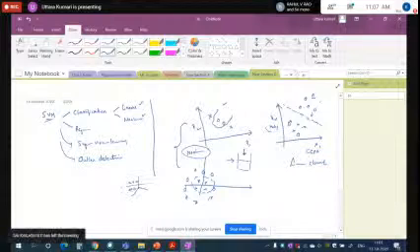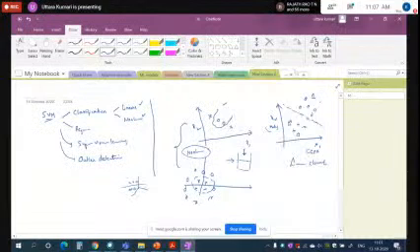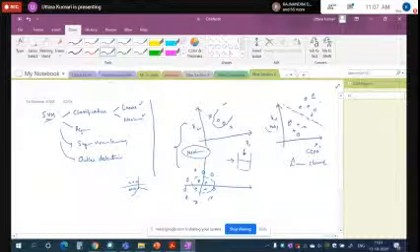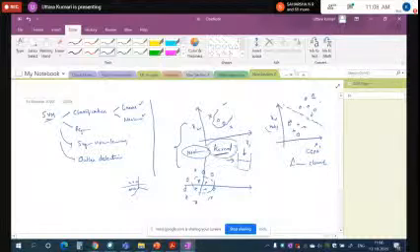So the angle at which you look at that data is what you change, using a process called a kernel. Using some kernel, we change this 2-dimension data to higher dimension data so that you can visualize it and classify the data very clearly. That's what we are going to study in the kernel.